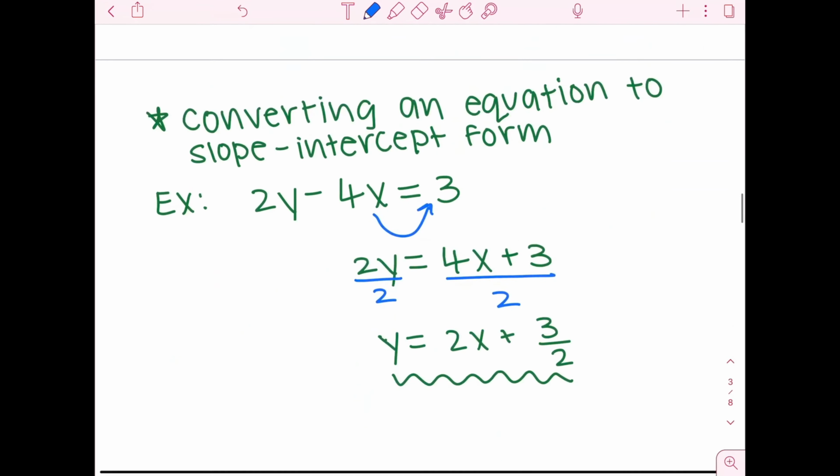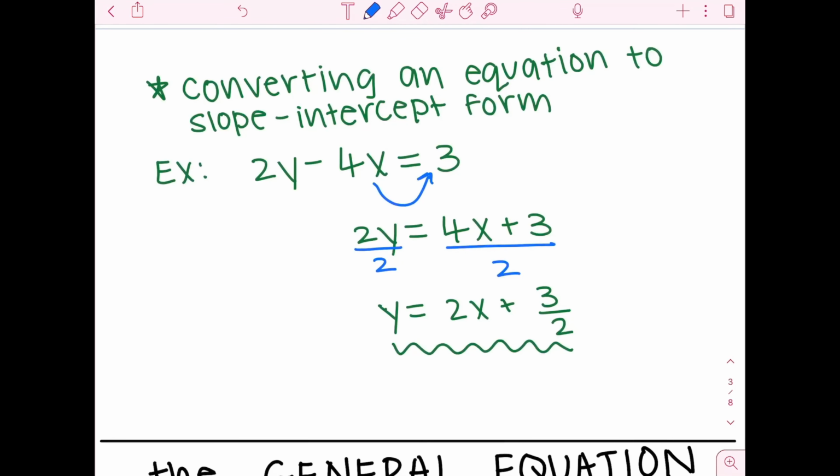Let's continue on. So another thing you're going to find quite handy is converting an equation to slope-intercept form. So here's an example. If we have the equation 2y minus 4x is equal to 3, how can we convert it to the form y is equal to mx plus b?